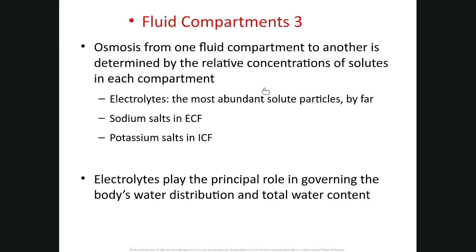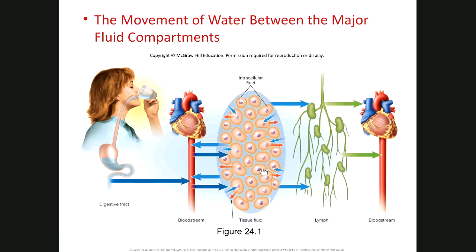Now the electrolytes, the sodium salts in the ECF and the potassium salts, play a major factor in the balance. Electrolytes play the principal role in governing the body's water distribution and water content. So basically, this is the fluid inside the cells. These are cells, and assuming they have a good amount of fluid, this bluish area is the extracellular fluid. We also call it interstitial fluid.